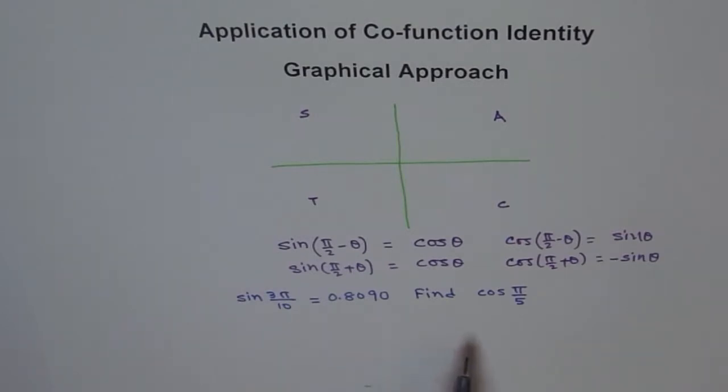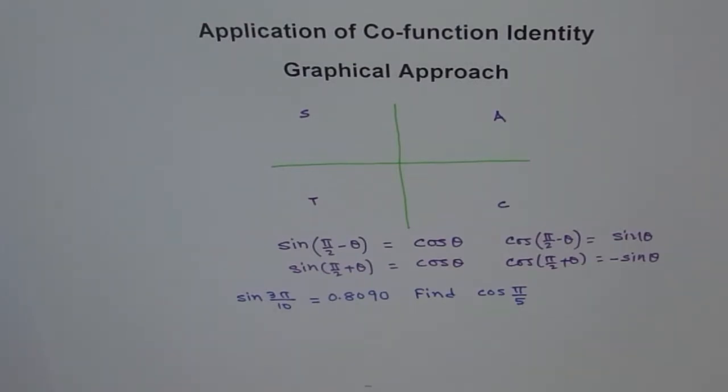Now the second part is, we know that this should be a cofunction, that means it should be 90 plus or minus something. Right? So what we are trying to do here is write cos of pi by 5 as 90 minus something.